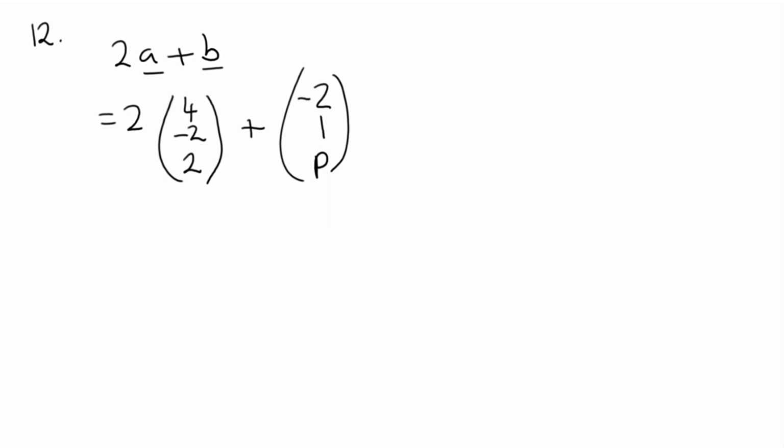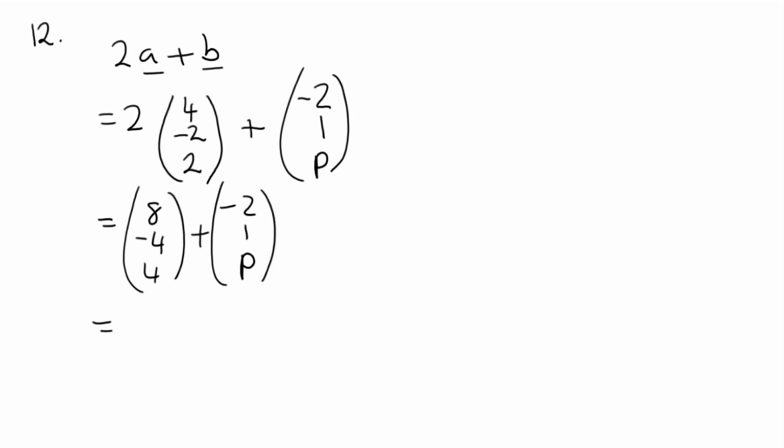So we don't know what that value is. So if we multiply the 2 by the 4, we get 8. We get minus 4 and 4. 8 plus minus 2 is 6. Minus 4 plus 1 is minus 3. And 4 plus p will just leave us 4 plus p. That was part A. Part B.